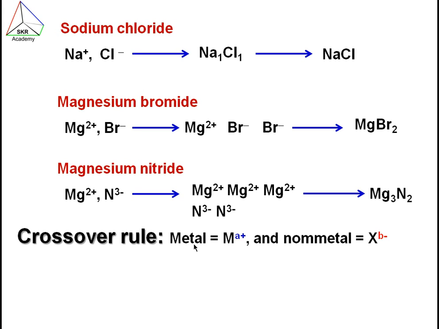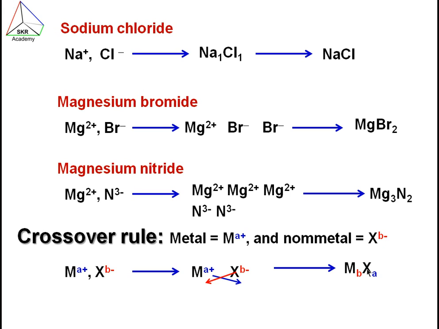To understand it, we will represent the metal as M a plus and the non-metal as X b minus. If the metal has an a plus charge and the non-metal has a b minus charge, then according to the crossover rule, we move the negative charge value under the metal as its subscript, and the metal's positive charge value as the subscript of the non-metal. We just swap these numbers, not the negative and positive signs, only the numbers. Then the formula becomes MbXa.